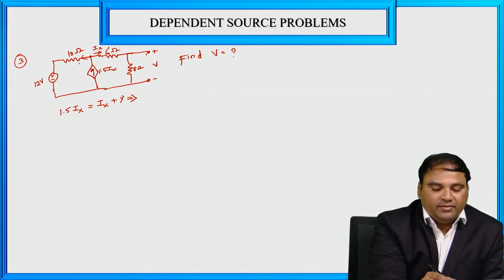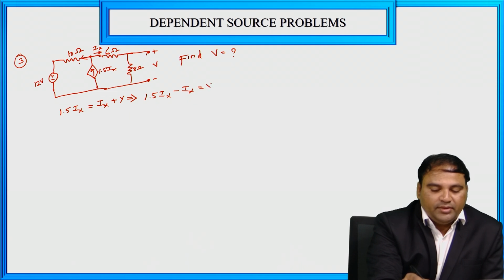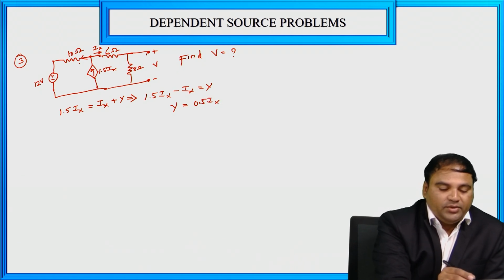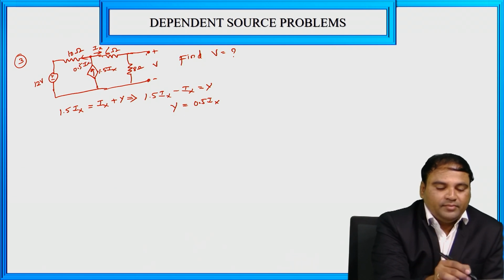Let us calculate this Y value. So 1.5 Ix minus Ix equal to Y, where Y equal to 0.5 Ix. So here current through this 10 ohm is 0.5 Ix, okay?